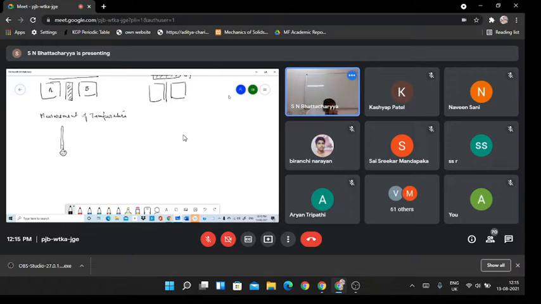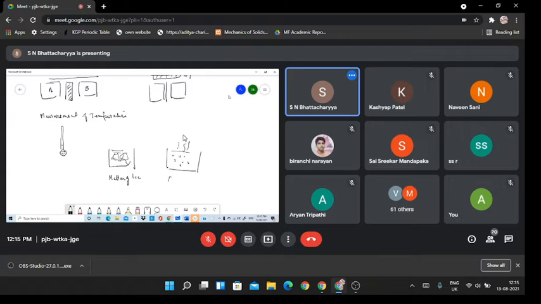So this gave us a way of measuring temperature. People said, okay, let us now define two reference points. One could be melting ice, and the other could be boiling water. And let me do both experiments at atmospheric pressure.